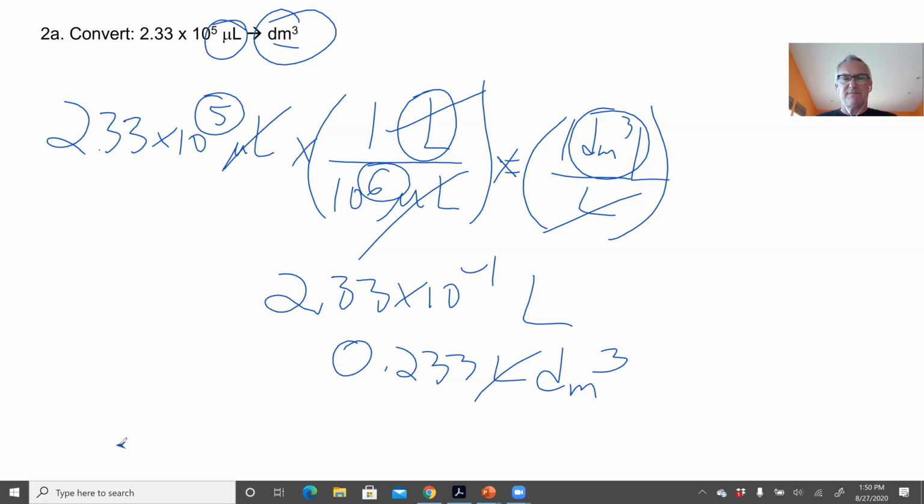So hopefully that's clear. I maybe explained it the wrong way around. But it's important you recognize that 1 decimeter cubed is the same as 1,000 centimeters cubed, which is the same as a liter. Without that information, you'll never be able to get it.